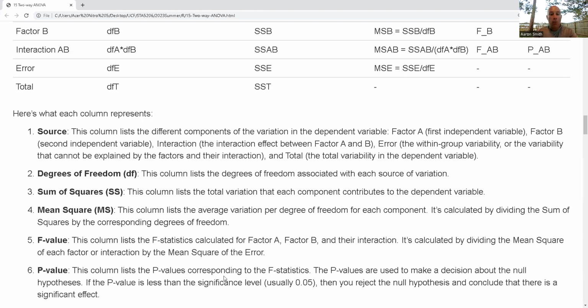The p-value column corresponds to the F tests on these variances. The p-values are used to make a decision about the null hypotheses. If the p-value is less than the significance level, typically 0.05, then we will reject the null hypothesis and conclude that there is a significant effect for that source of variation.